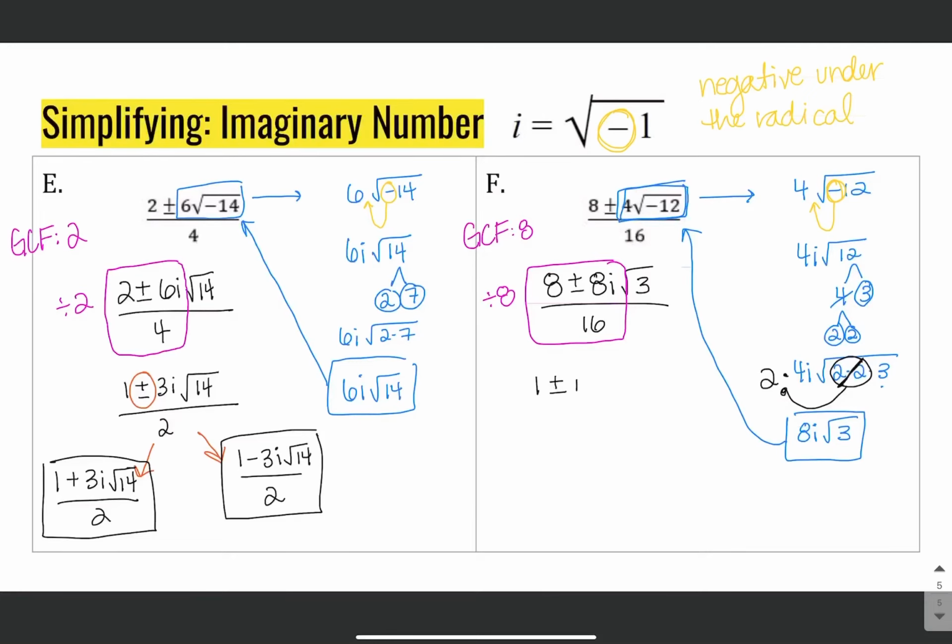So I'm just going to have an i, like 1i. Radical 3. 16 divided by 8 is 2. All right, I'm going to write this into our two pieces. So I've got 1 plus i radical 3 divided by 2, and 1 minus i radical 3 divided by 2.